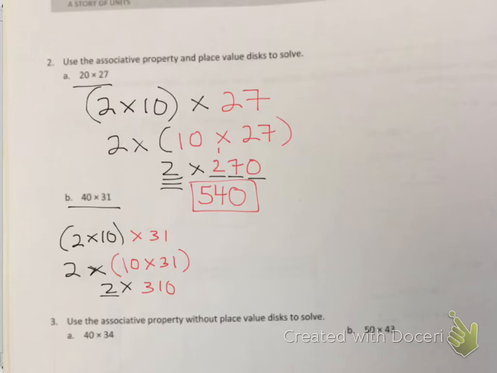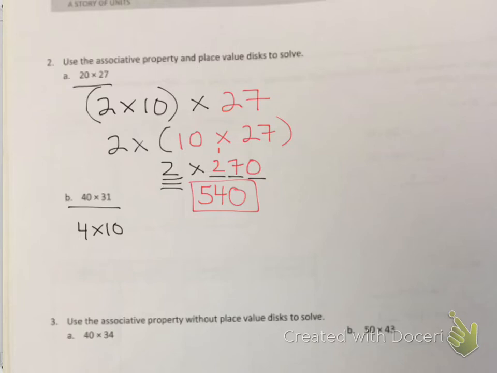And I'm going to continue that associative property. 2 times 0 is 0. 2 times 2. Oh, why did I do 2? Sorry, let me start over. Sorry, 4 times 10 times 31. My apologies. And then we're going to move that over, 4 times 10 times 31, and that's going to equal 310 times 4.